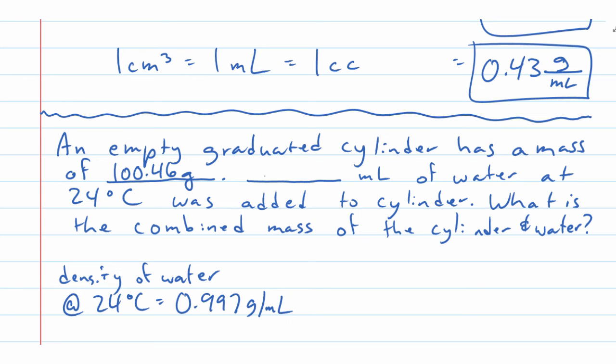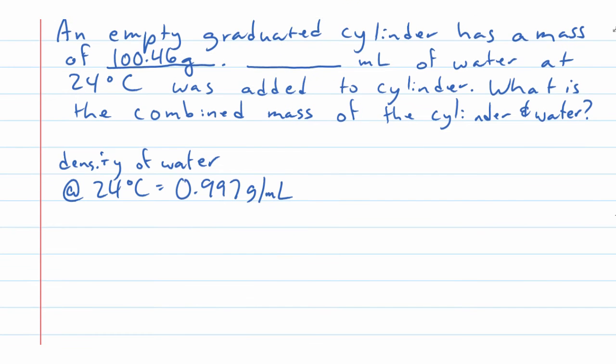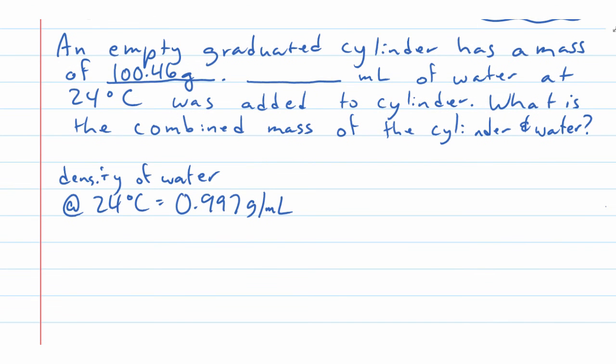Then we're going to go ahead and put some water in here. We're going to let those air bubbles escape from the water. If we think about what we're looking for, what are we trying to find in this particular problem? Combined mass. So let's think about what we do know about the mass. Which mass do we know?